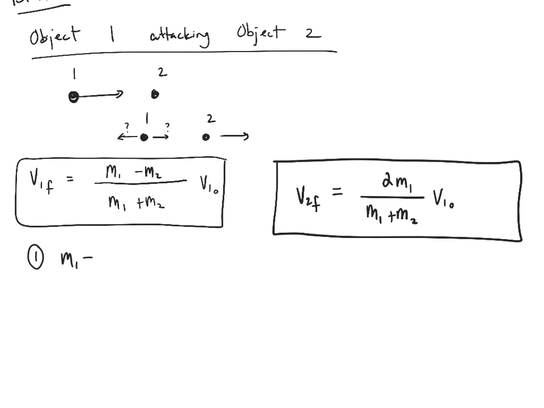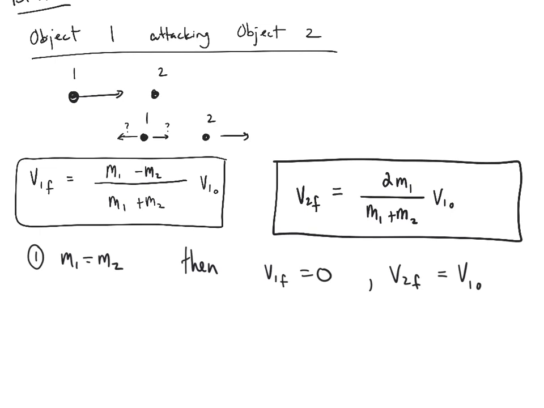If M1 is equal to M2, then the first ball will stop, and the second ball will take on the velocity the first ball had. Again, if the masses are the same, and think about it logically, right? Look at the equations, people. What's m1 minus m2 if they're the same mass? What is this going to become? 0.